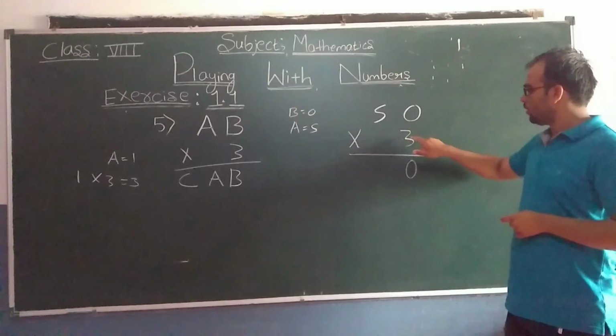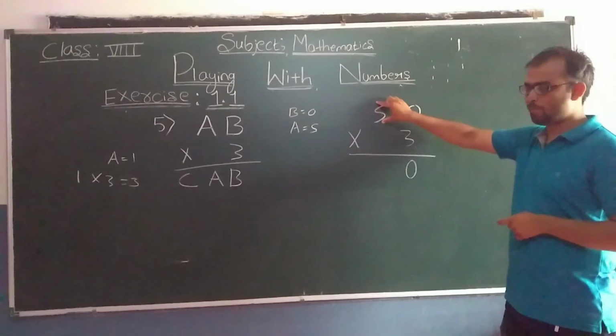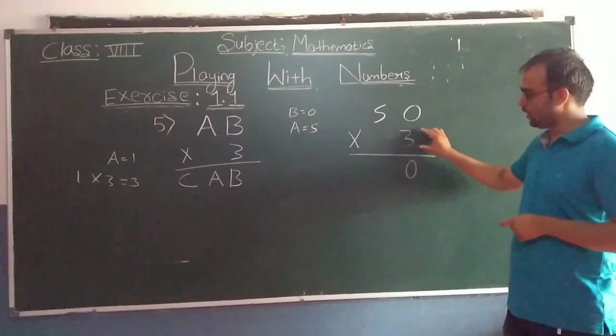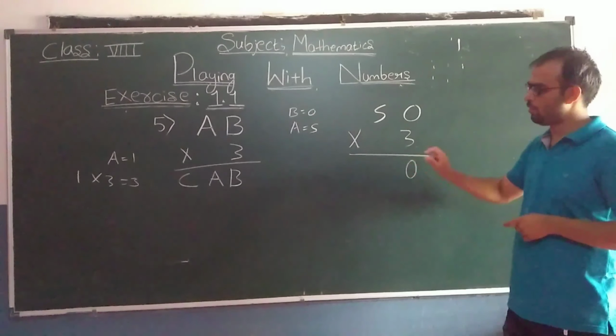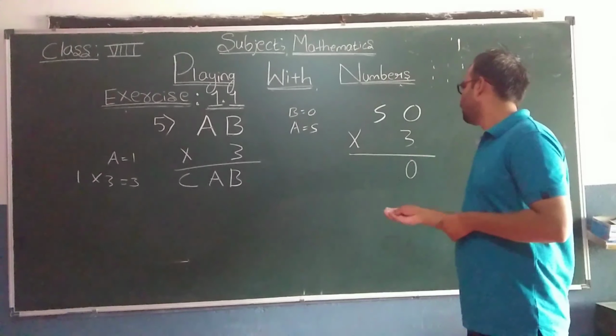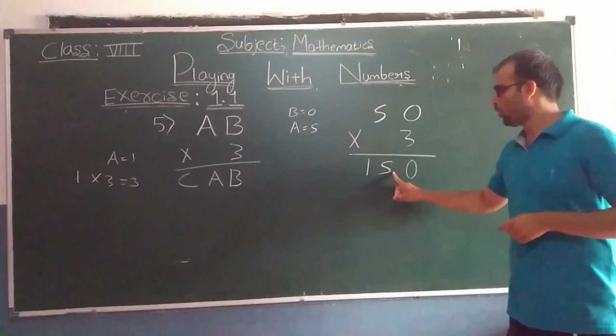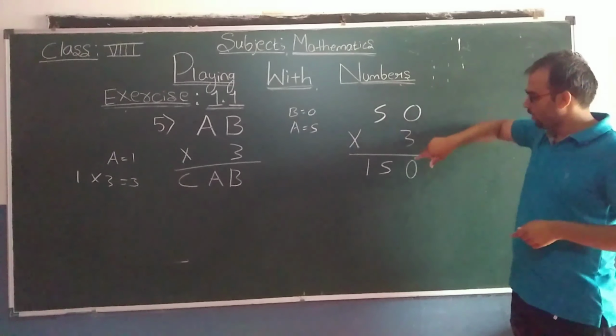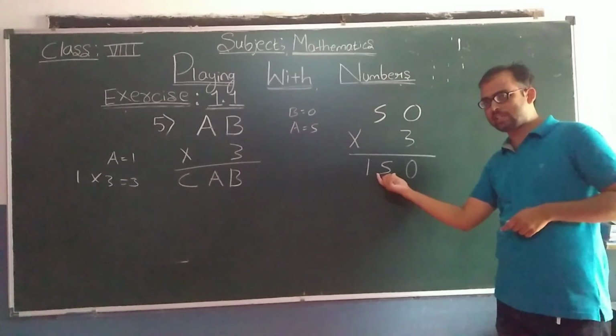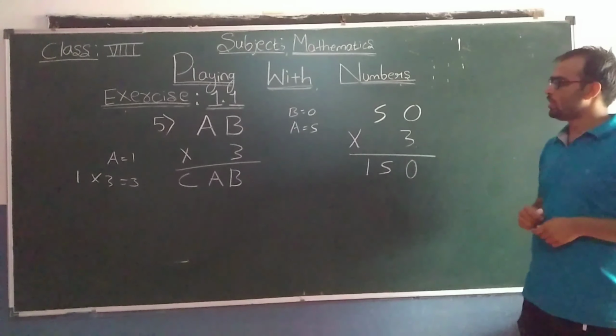Now 5 threes are 15. We have assumed a as 5, so when we multiply a with 3, we have got the second digit as a only. So this is a solution.